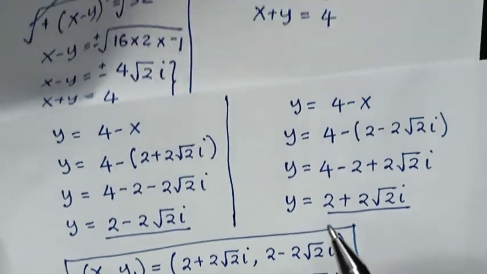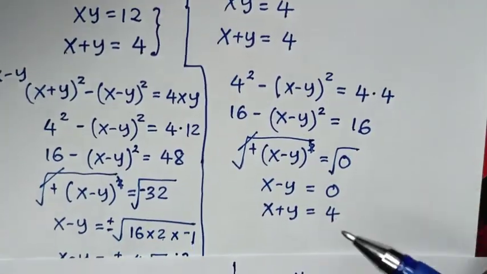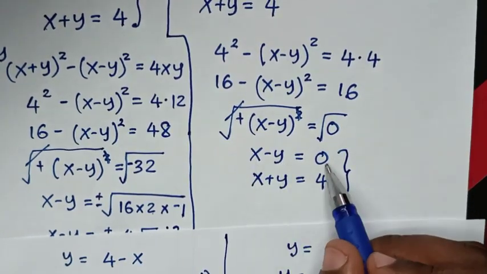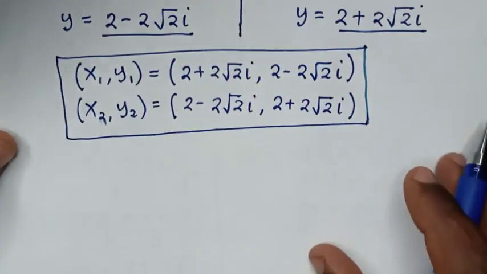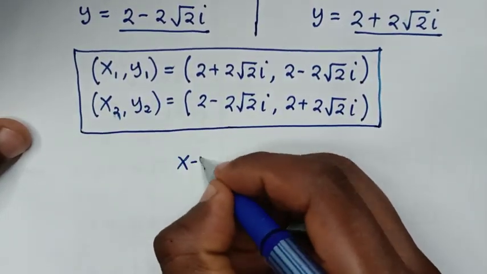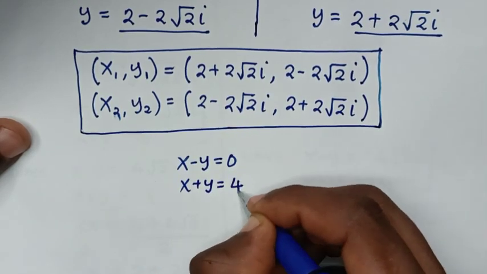Now to solve the second solution, we have these two simultaneous equations. X minus y is equal to 0, x plus y is equal to 4. These are complex solutions. Now from the second solution, x minus y is equal to 0, x plus y is equal to 4.